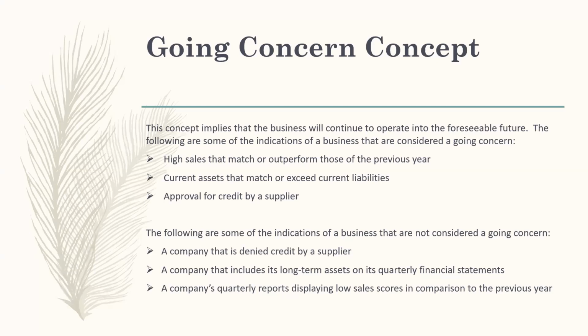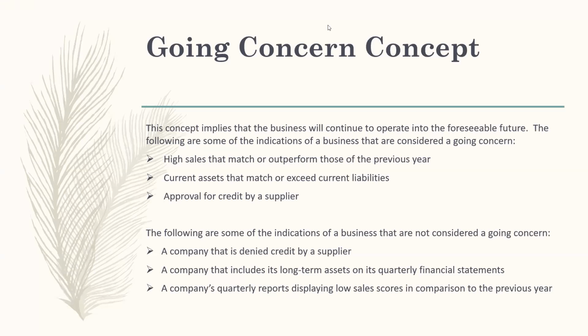It makes you ask, why is this business putting their long-term items into a period that is short-term? Is it because they are thinking about getting out of business? That is one of the questions a stakeholder would ask about a business that is not a going concern.